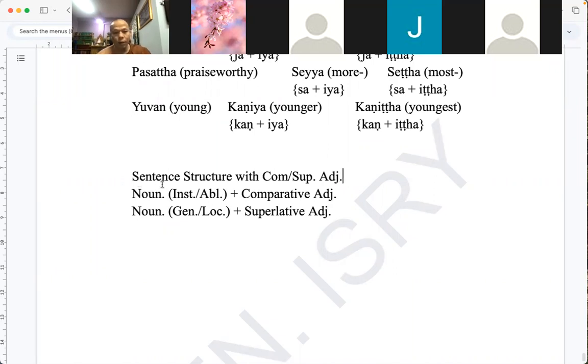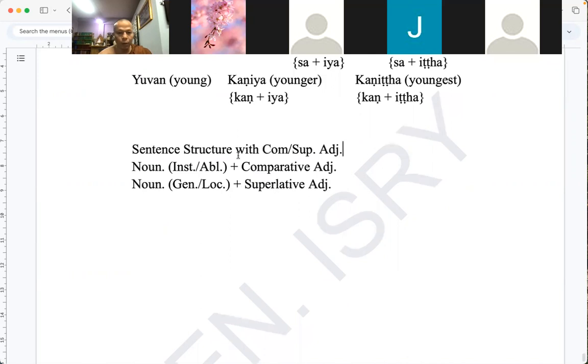So commonly with the comparative adjectives, the compared noun will be with the instrumental or ablative.